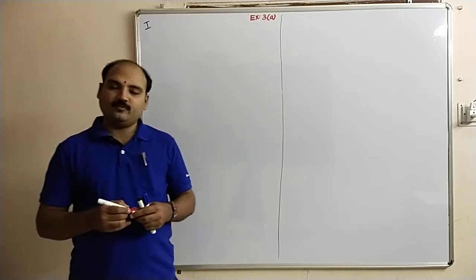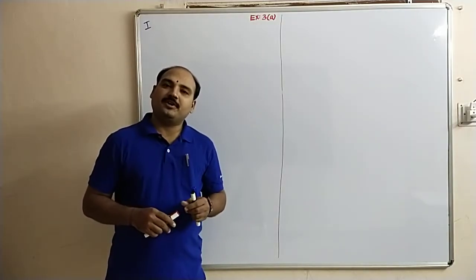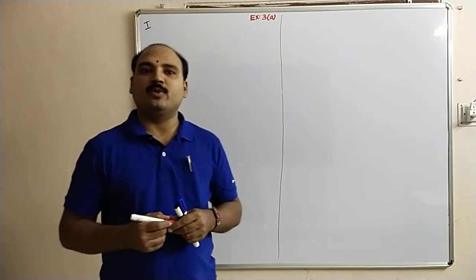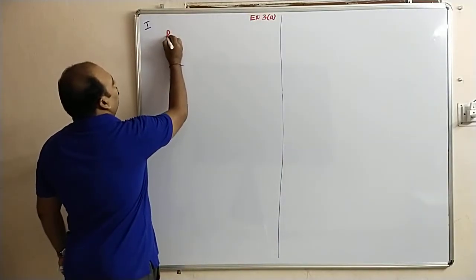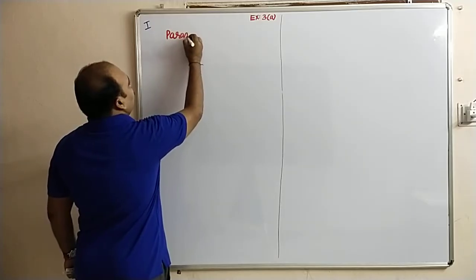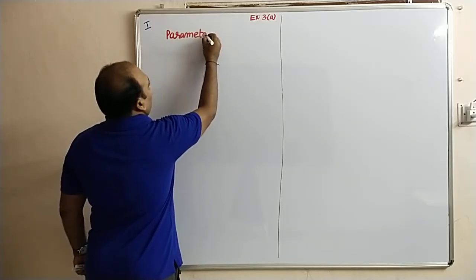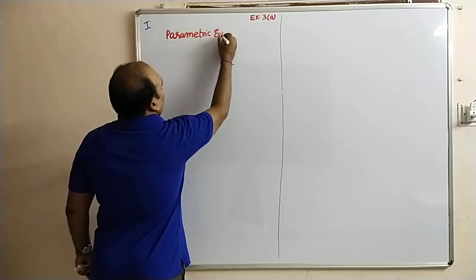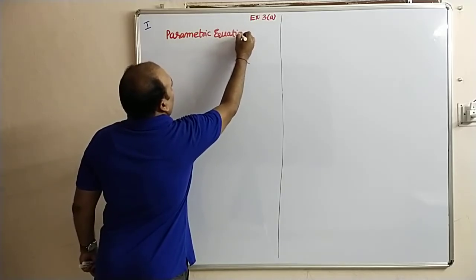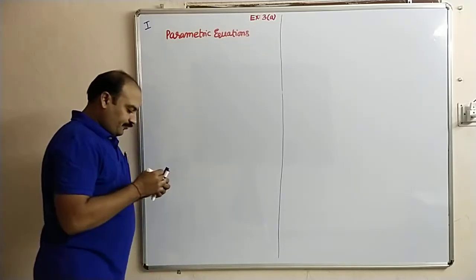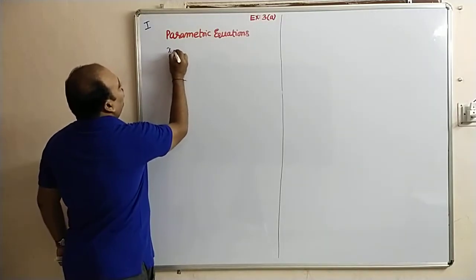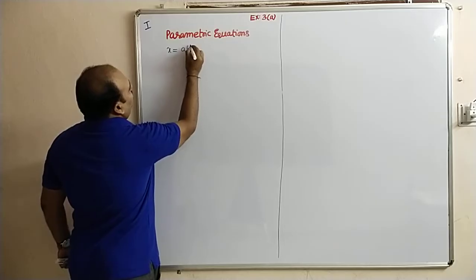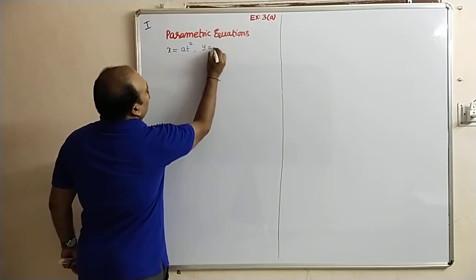Yeah, we will come to the parametric points, parametric equations of the parabola. So here, what are the parametric equations? The equations x is equal to at square, comma y is equal to 2at.